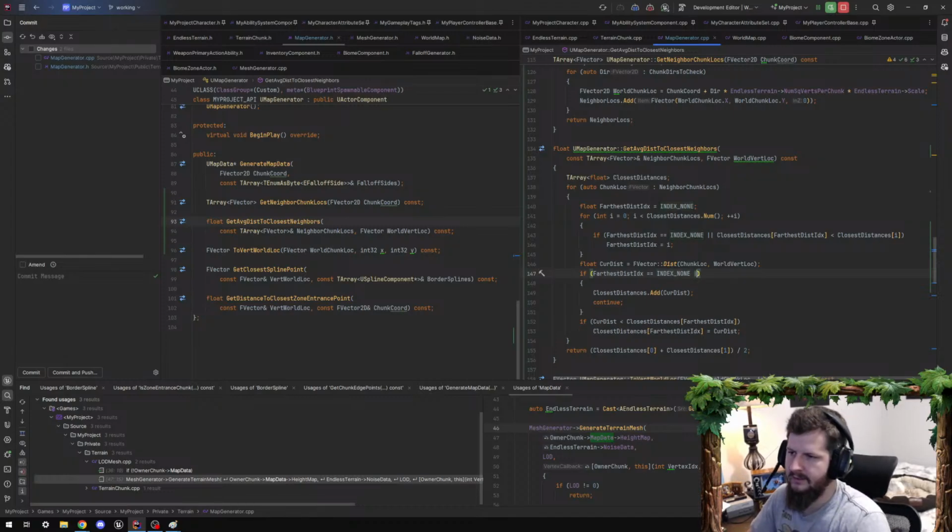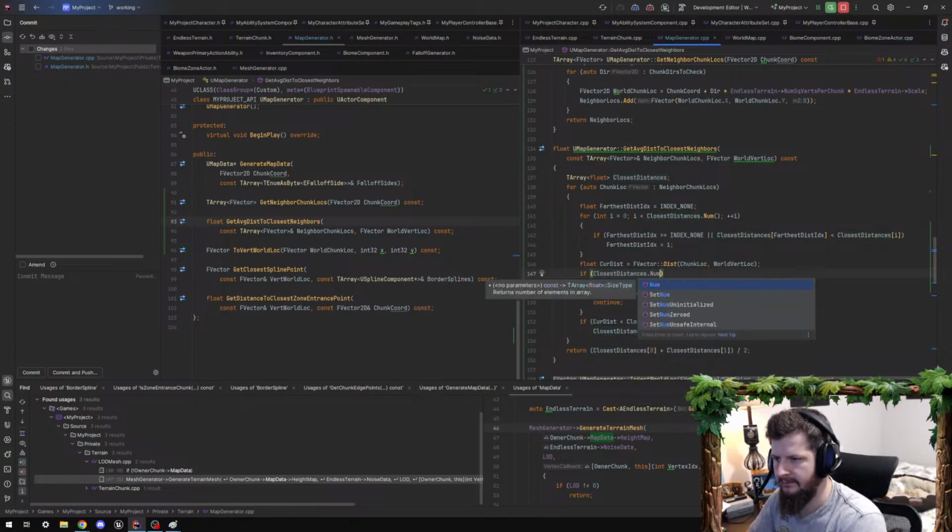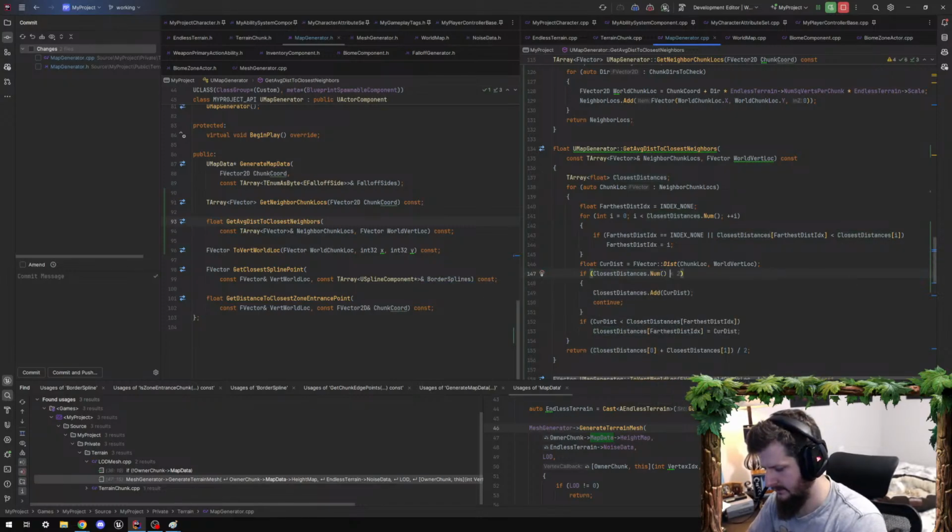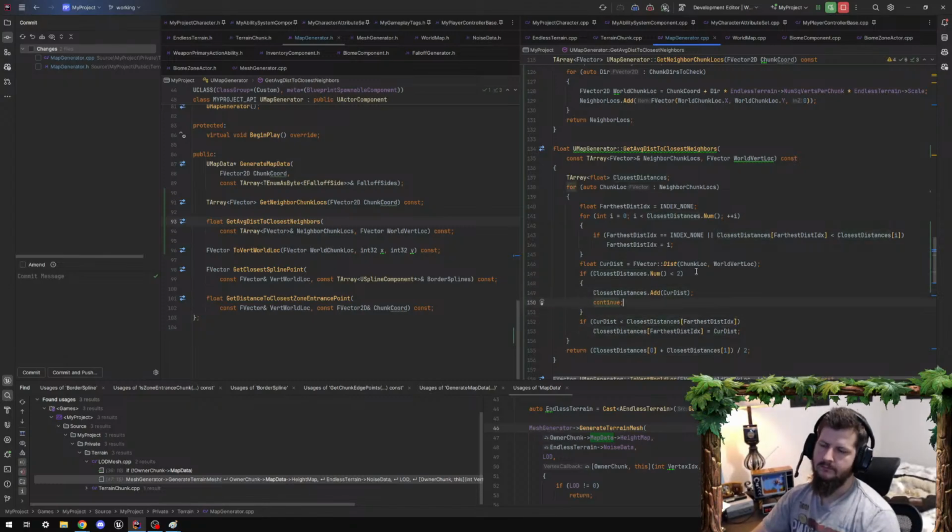Or actually I can just say if closest distances dot num less than 2, we'll just add it. Okay, does that actually get me what I want here?